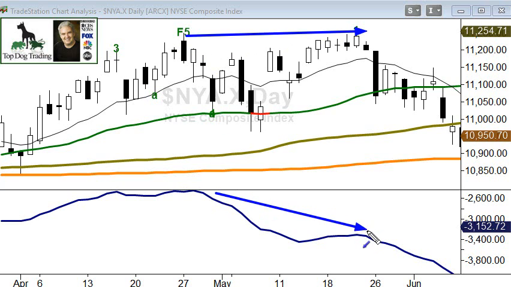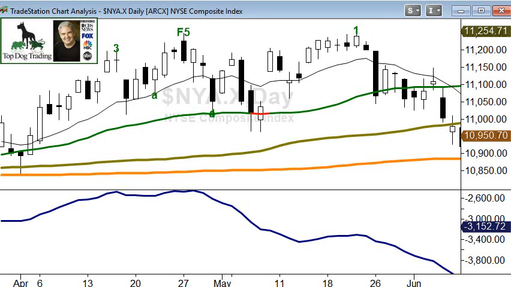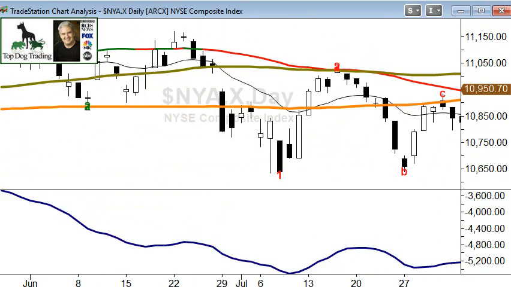So the key here is we get equal highs, and then we get a lower high. So equal highs on the price action, but then lower highs on the summation index. So basically what that's telling us is, of course, that we're seeing underneath the price action that declining issues are starting to increase over advancing issues.